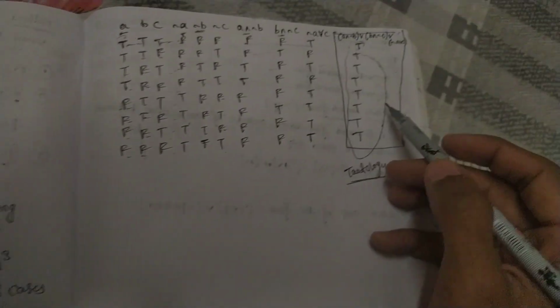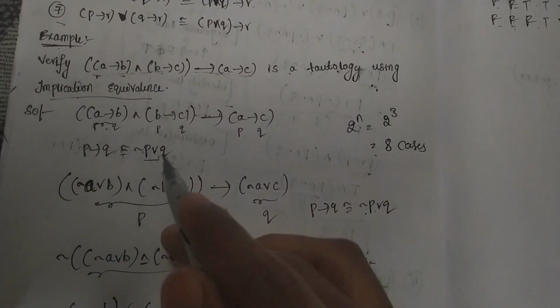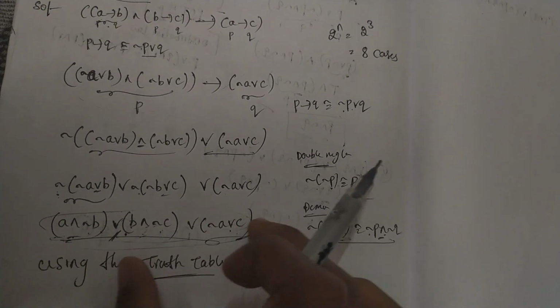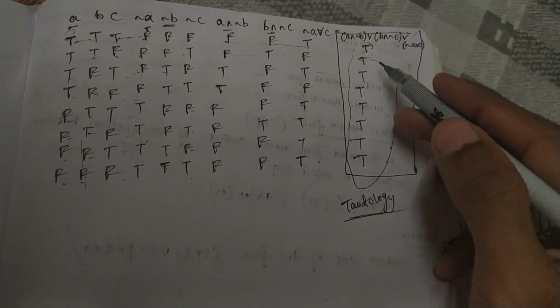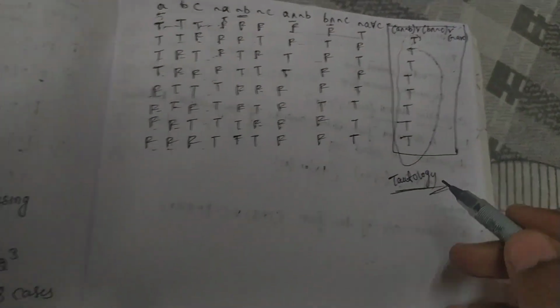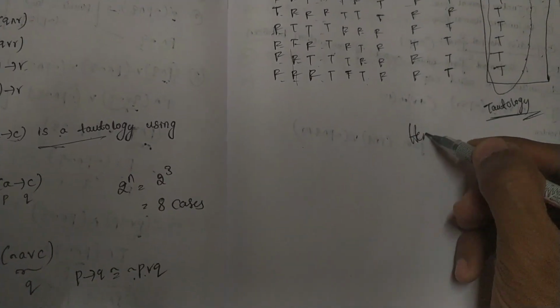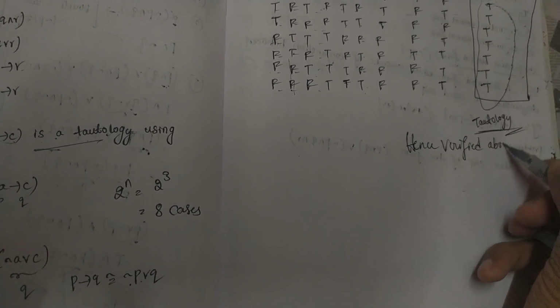So we have verified that it is a tautology by using implication equivalence, and we obtain this form, and by using this form we apply the truth table and find out the value of this one, which is a tautology. So hence we have verified this. Hence we verified the above problem.